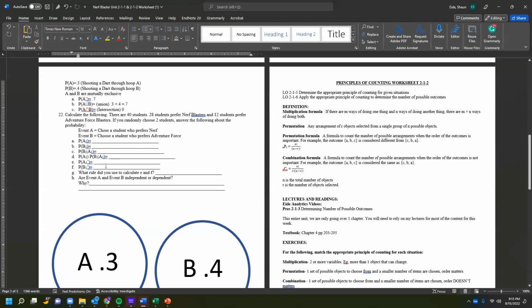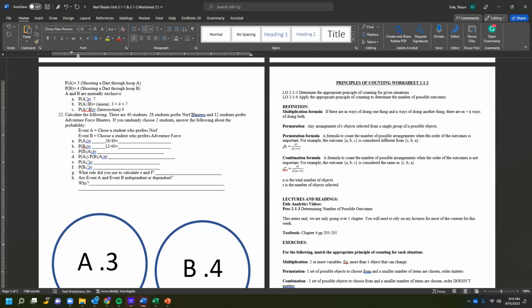That's going to be 28 divided by 40. Then work that out and give me the actual decimal for that. And then the probability of B sub 1, in other words, the first person prefers an Adventure Force blaster. There's 12 people that prefer an Adventure Force blaster, and if it's the first person, then it's 12 divided by 40. Then work that out and give me the probability for that.